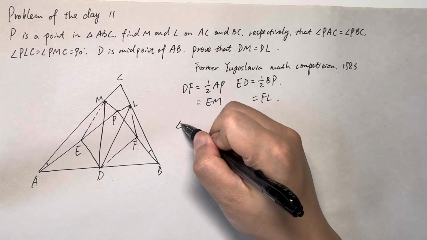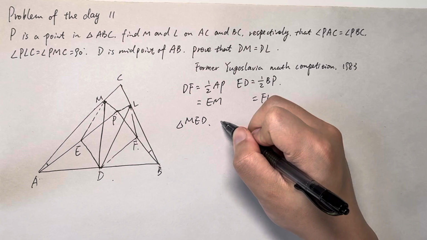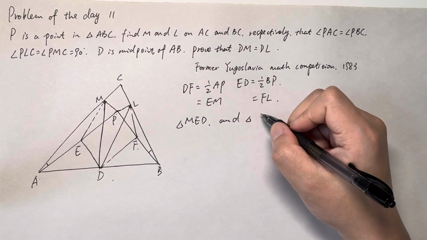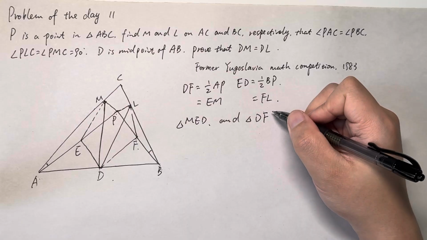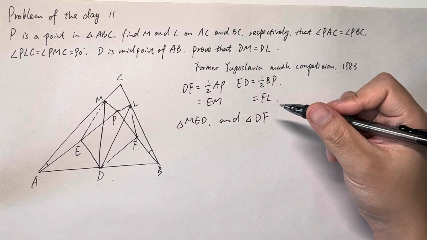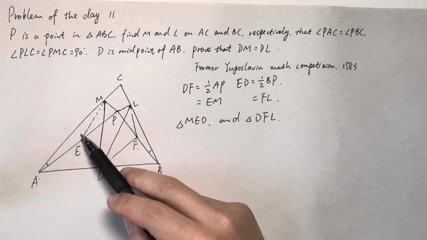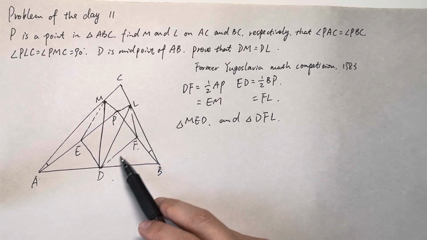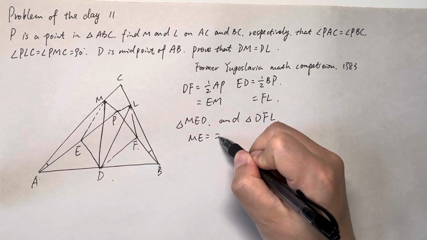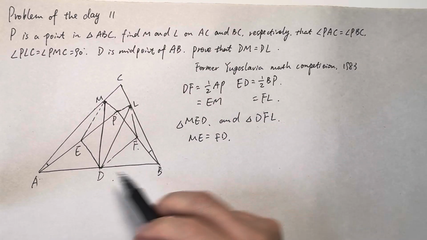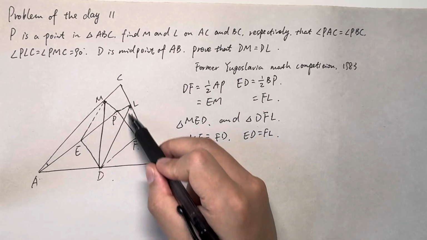Then in triangle MED and triangle DFL, we know that ME equals FD, and we also know that ED equals FL.